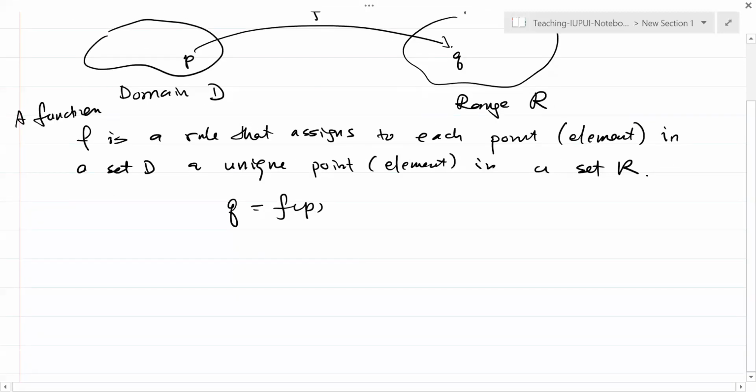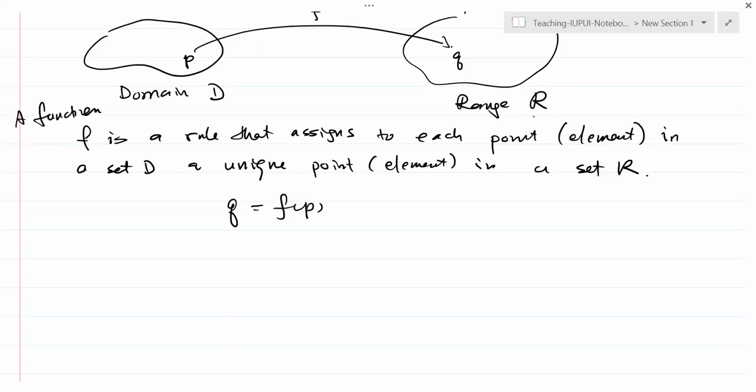Now if the range R is in the one-dimensional coordinate line, and D is in the one-dimensional coordinate line, then this is the usual function we already studied in calculus 1 and calculus 2.